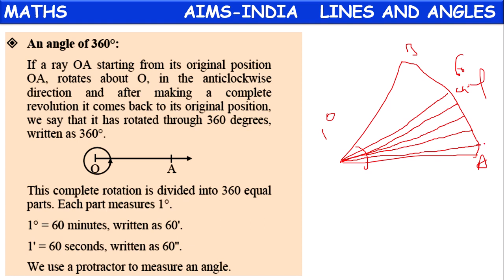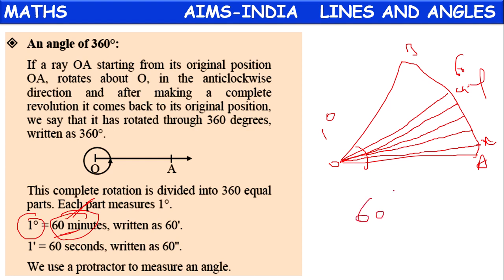Suppose it is x. Each part is considered as a minute. So 1 degree will have 60 minutes, because we are making 1 degree into 60 equal parts. So each part is 1 minute, so 60 minutes.